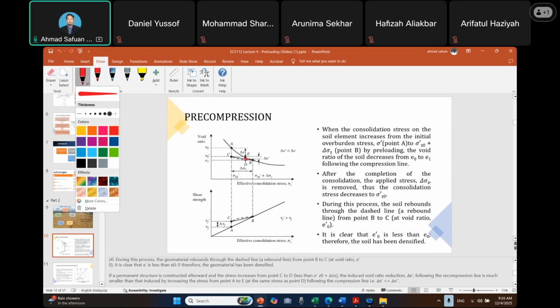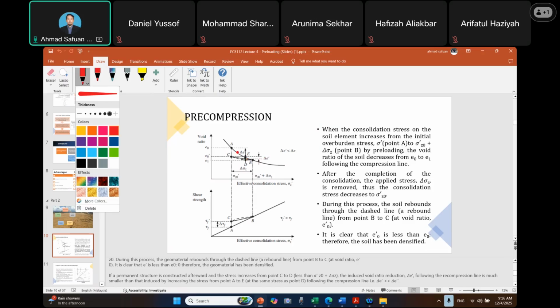So the induced void ratio reduction, which is the delta e, following the recompression is much smaller than that induced by A to B. So it is less.